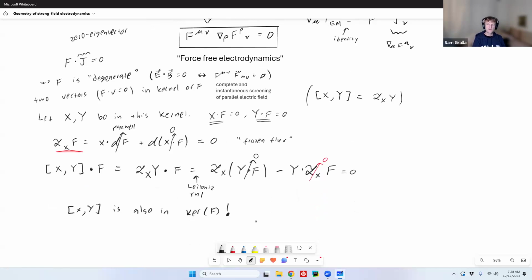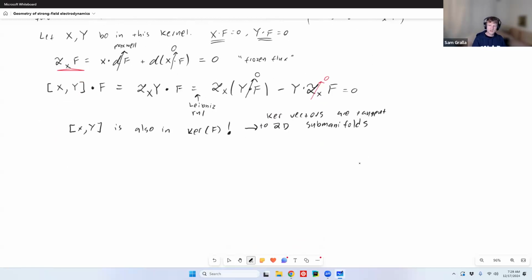We're trying to understand this kernel. It tells you that the kernel is integrable, so there are actually two-dimensional submanifolds. The kernel vectors are tangent to two-dimensional submanifolds.